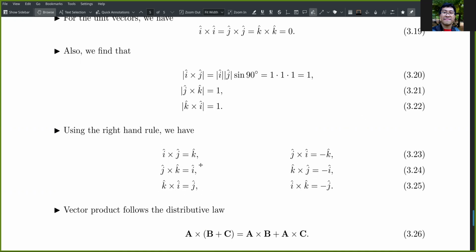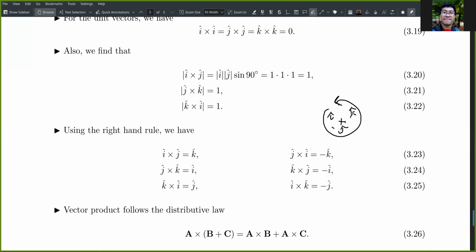Now, if you forget the sequence, you can always write a counterclockwise directed circle where if you traverse counterclockwise, the direction is positive. So you start with I, J, and then K. That is, if you take the cross product of I cross J, the answer is positive K. But if you start from J towards I, it goes opposite the direction of the counterclockwise direction.